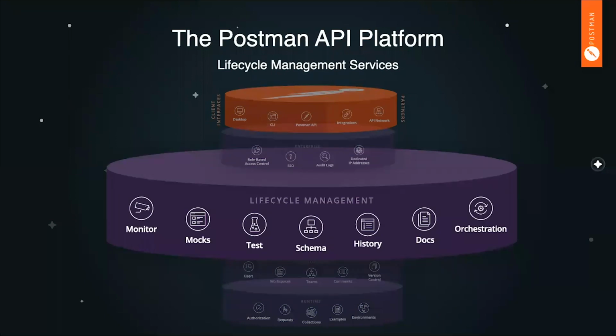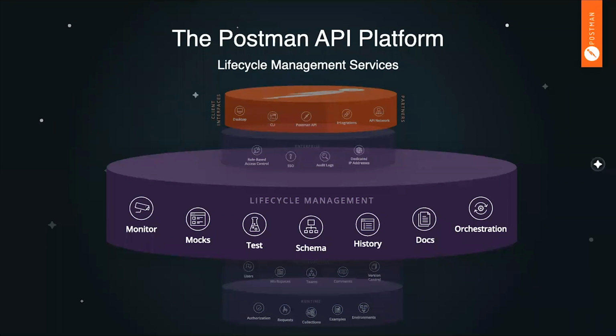The next layer is really the lifecycle management layer that helps you monitor, mock, document, and manage those schemas, and then apply those tests as part of the build process.